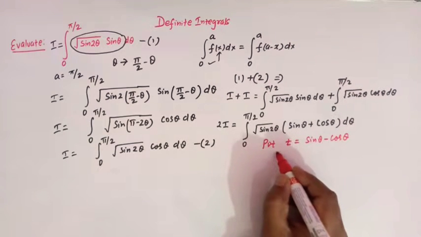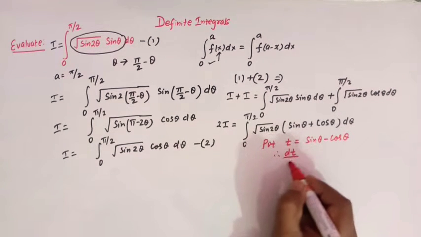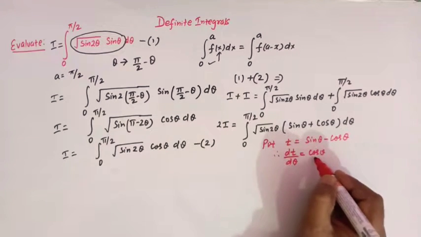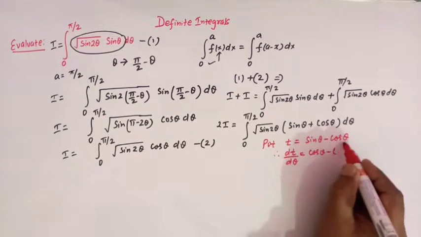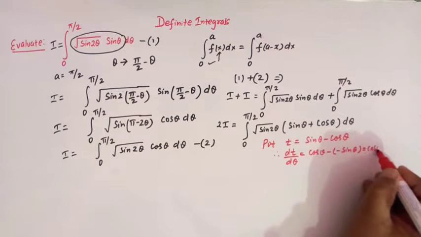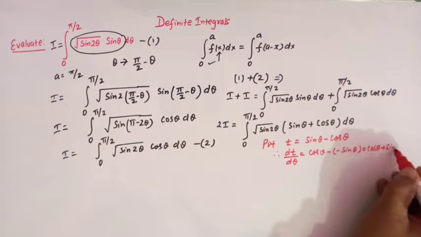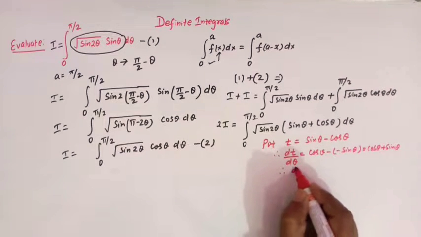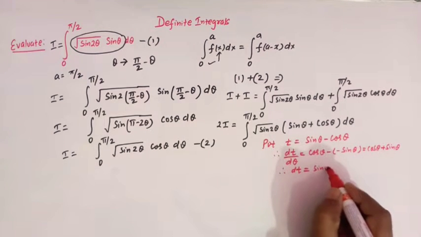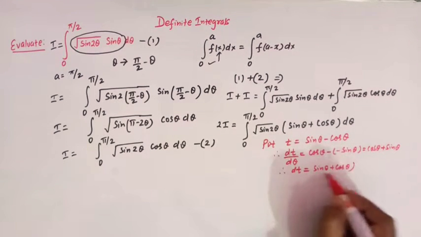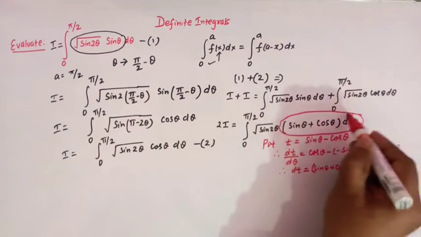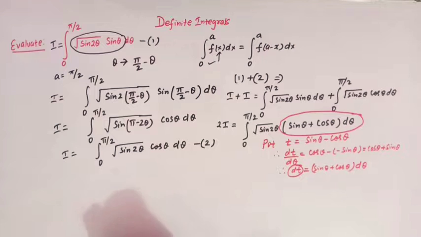So therefore dt over d theta is equal to cos theta plus sine theta, since the derivative of sine is cos, and the derivative of cos is minus sine. Now dt can be written as sine theta plus cos theta times d theta. So for this term we have dt.